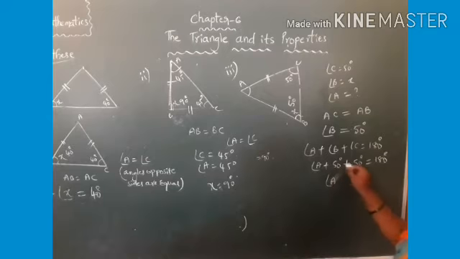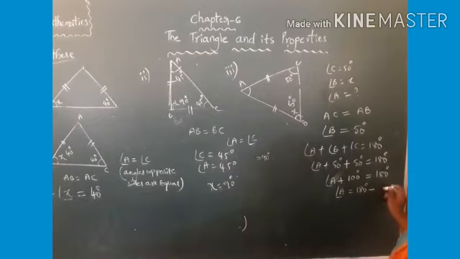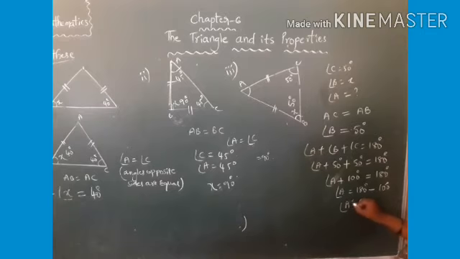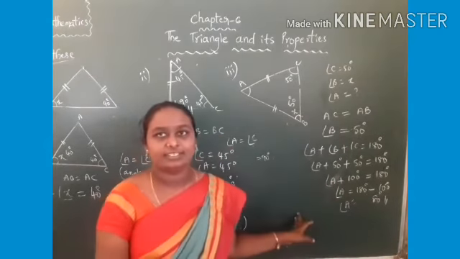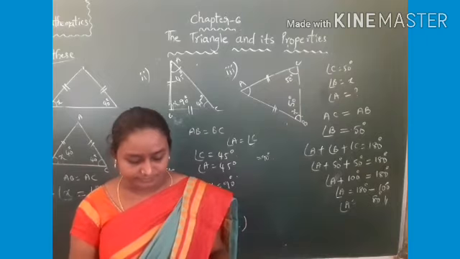Angle A plus 50 plus 50, which is 100 degrees, is equal to 180 degrees. Angle A is 180 degrees minus 100 degrees. Subtracting, we get 80 degrees. So 80 degrees is the value of angle A.